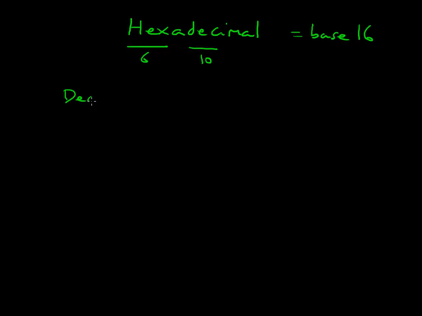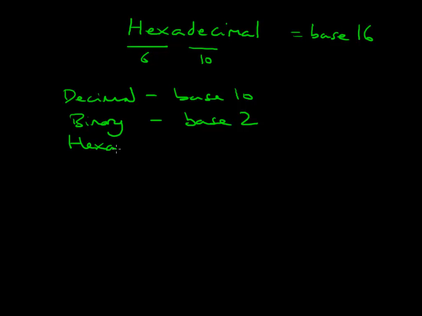So decimal, or denary, is base 10, and then binary, where we have 1 and 0, is base 2, and hexadecimal, which we can abbreviate to just hex, is base 16.